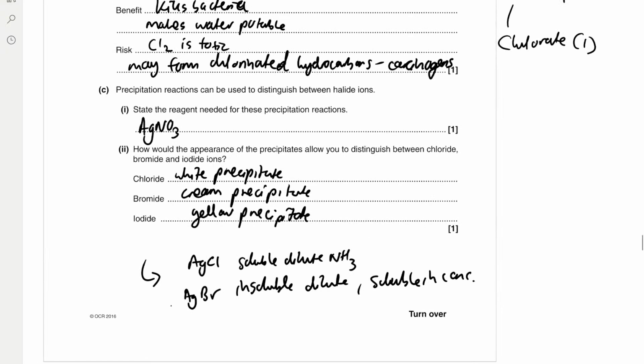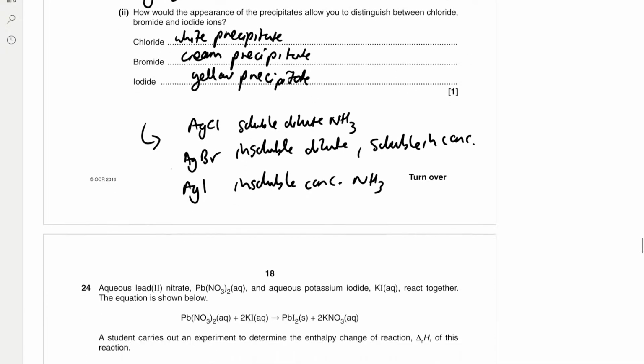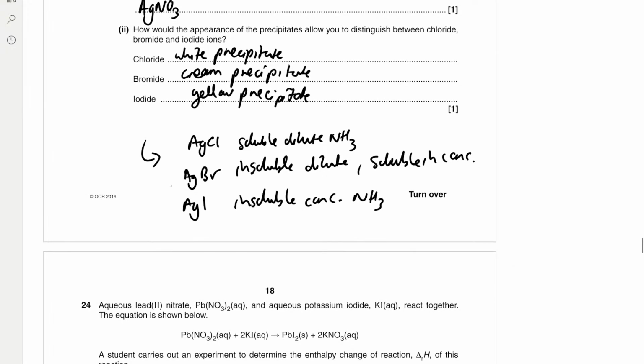And then silver iodide is insoluble even in concentrated ammonia. So that just helps you distinguish between them because they can have quite similar colours.